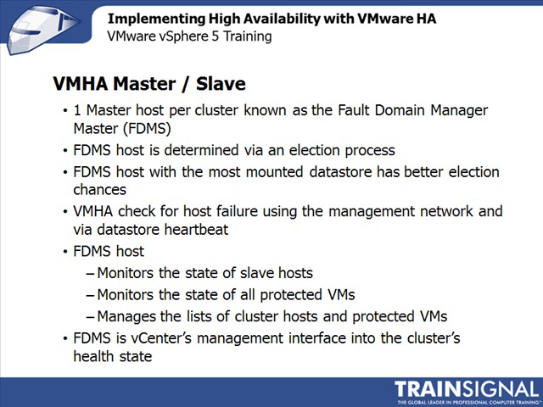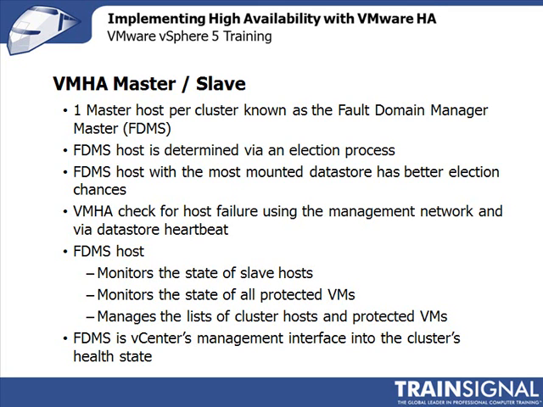Two, you should note that there's only one master host per cluster. One server is going to become the master host, and everybody else is going to be a slave. Now that master, the FDM, is going to be determined via an election. Considering I'm in Chicago, we are used to rigging the elections here, so there are ways of tricking it so that you can determine which host becomes the master.